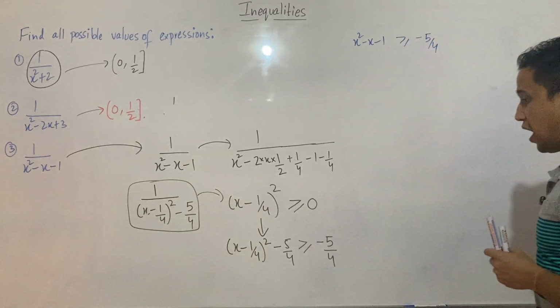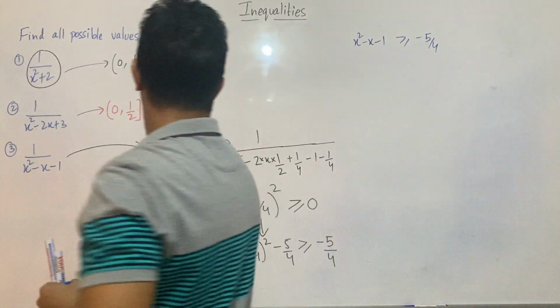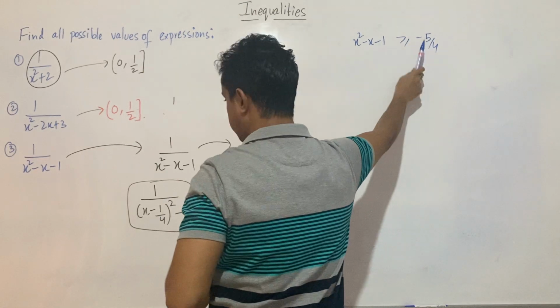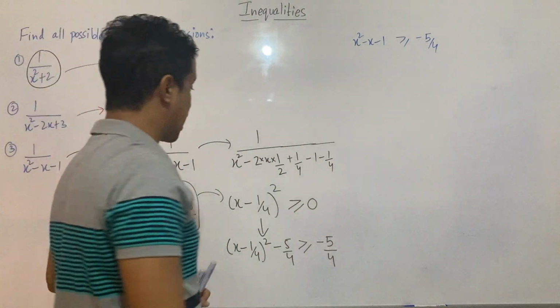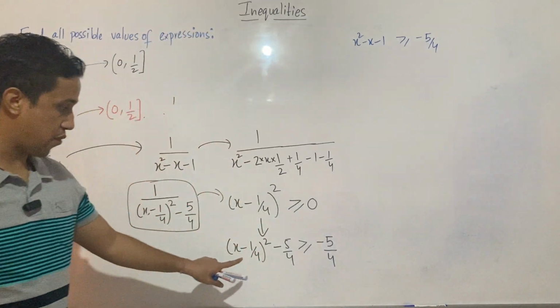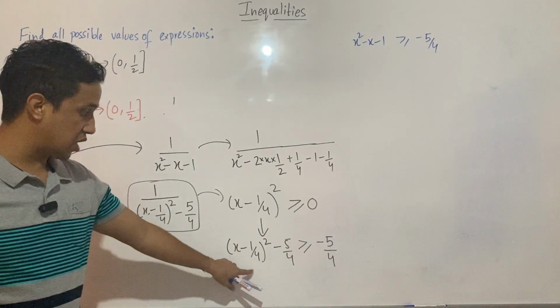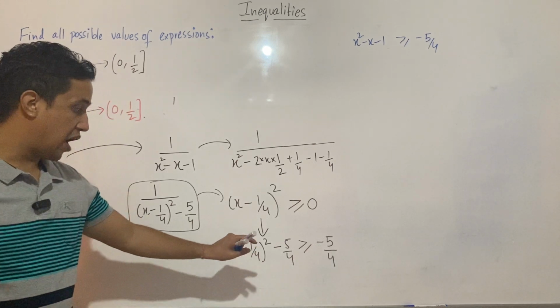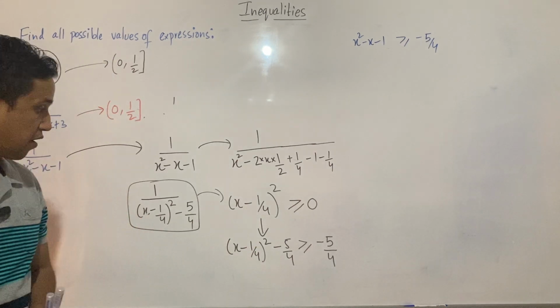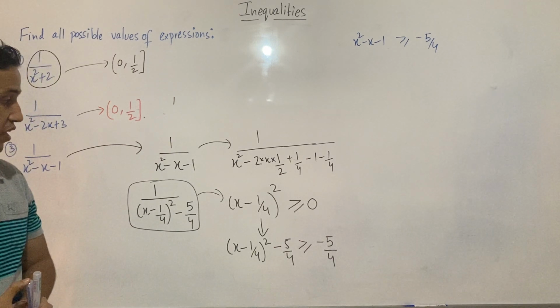Now here I have a problem. Why? Because on this side I know I have a negative number, but I am not sure about this side, whether it's going to be positive or negative.